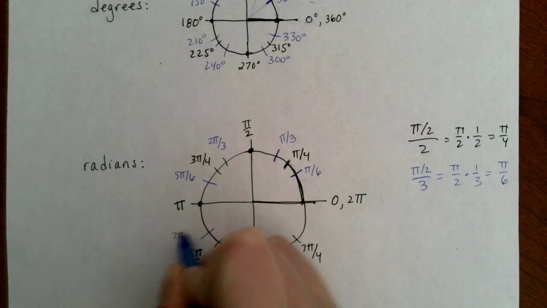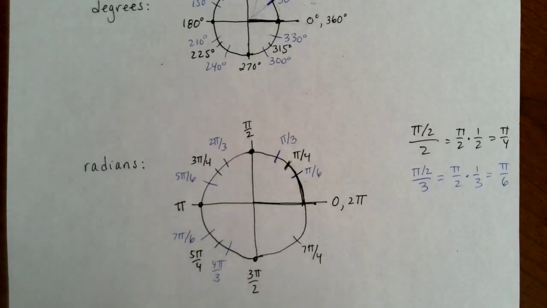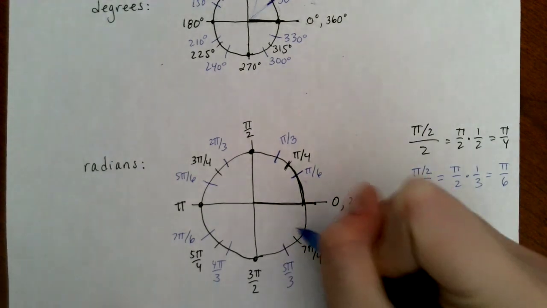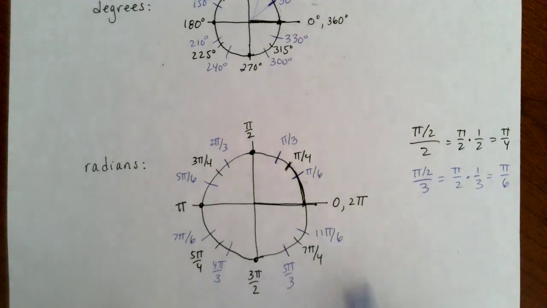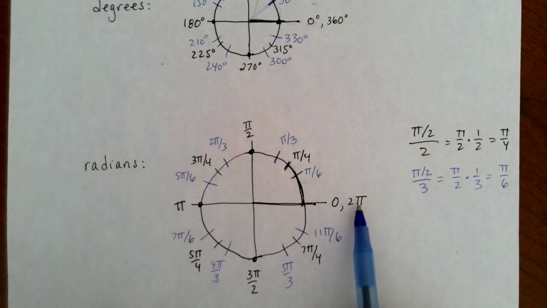Then we have 7 pi over 6. This spot right here is 8 pi over 6, which will simplify to 4 pi over 3. That was 8, so this is 9 pi over 6. That checks out. 10 pi over 6, again, simplifies. 11 pi over 6 doesn't. And then finally, 12 pi over 6 is the 2 pi that we already had labeled.